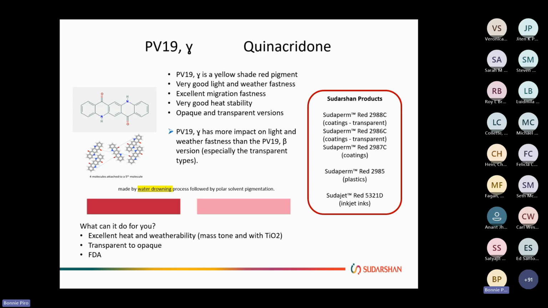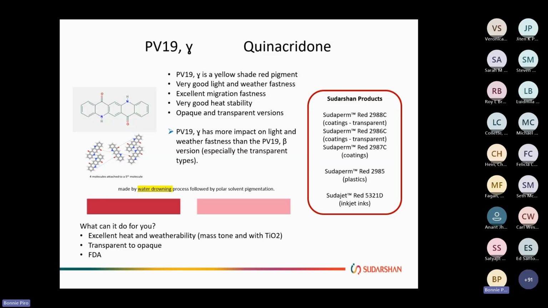As far as what this type of pigment can do for you as a formulator, those high performance properties bring a lot to the party with respect to your formulation. It's very good for heat and weatherability, and not impacted by TiO2 from a photodegradation perspective.